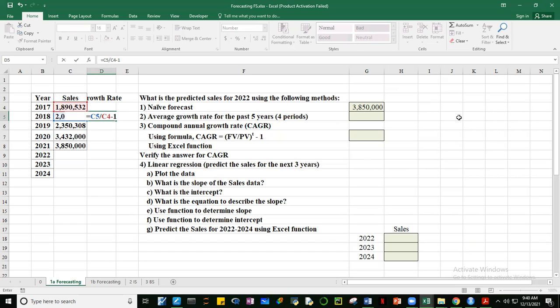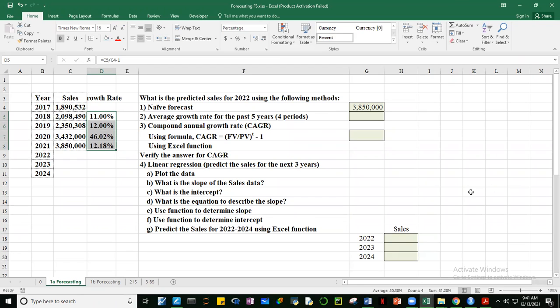Okay. In Excel, it's better to use that formula rather than the current value minus the previous value divided by the previous value, kasi magpaparenthesis pa tayo pag gamitin natin yan, no? Okay, so let's change this to percentage. Okay, and then we can copy this formula down, right?